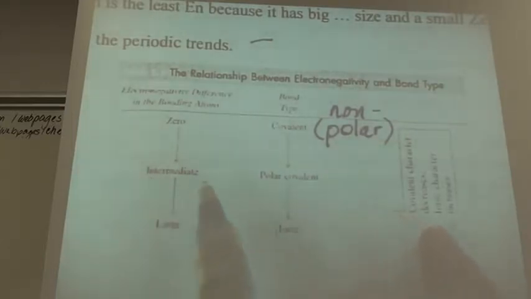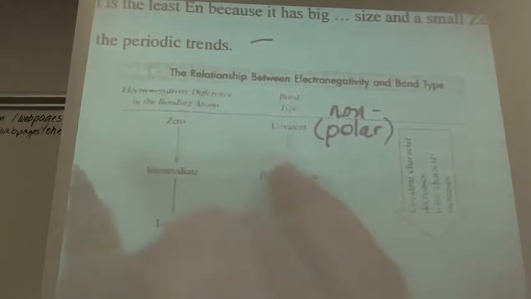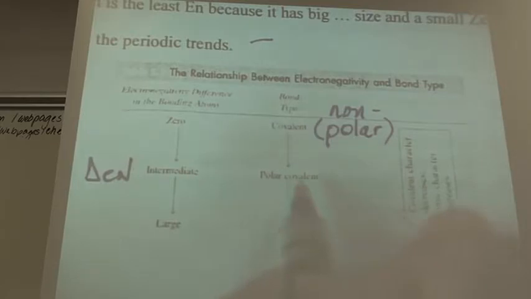If there is an intermediate or a middle type of difference in electronegativity, then it is polar covalent. That would mean one of the electrons is being hogged by one of the atoms. If there is a large difference in electronegativity, that means one of the atoms stole the electron. It means one of the electrons was transferred from the metal to the non-metal. Okay?